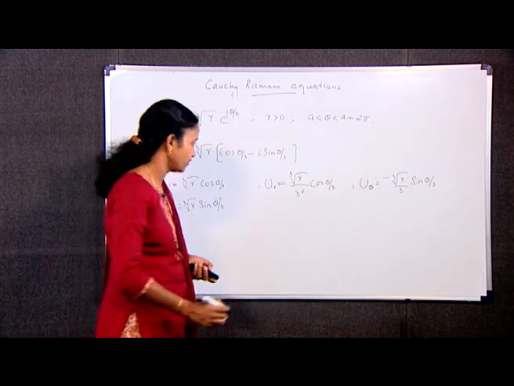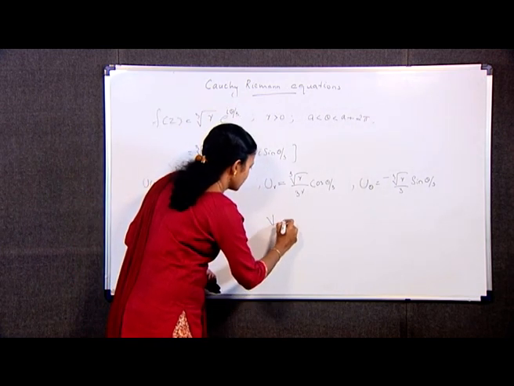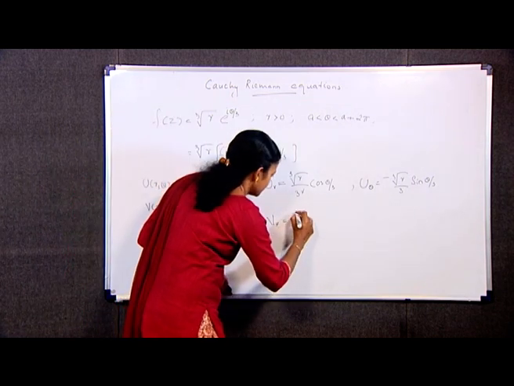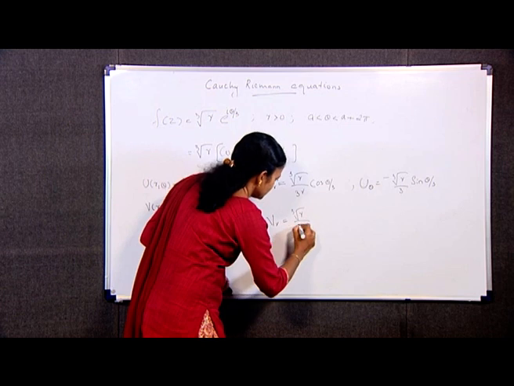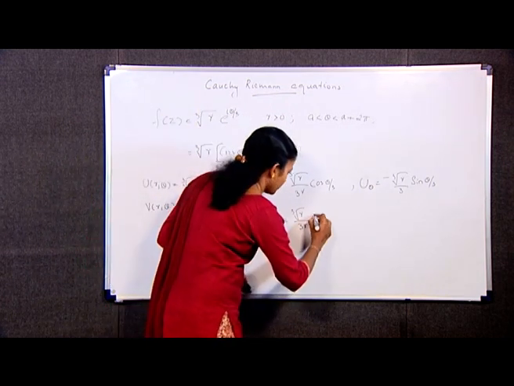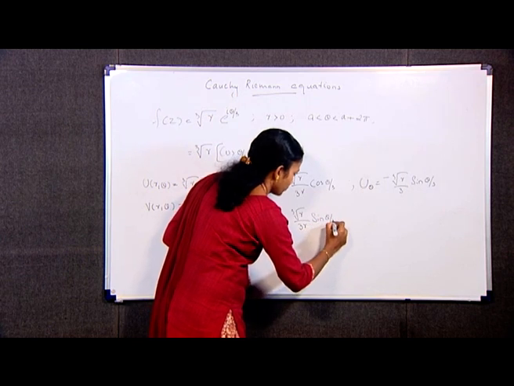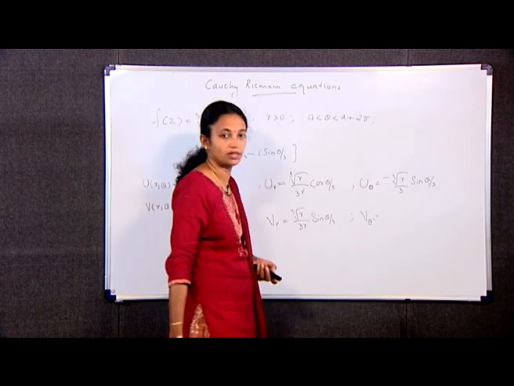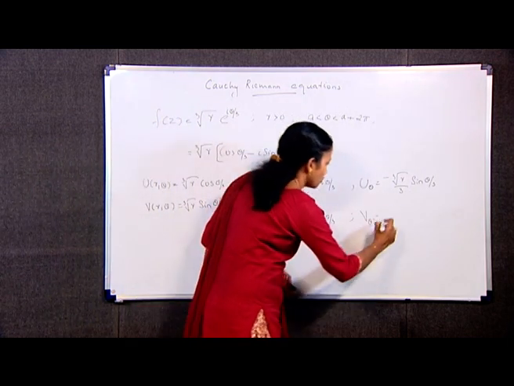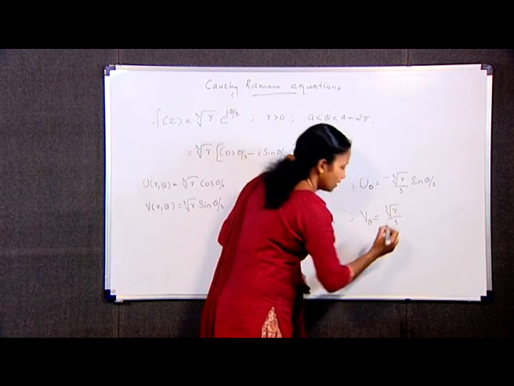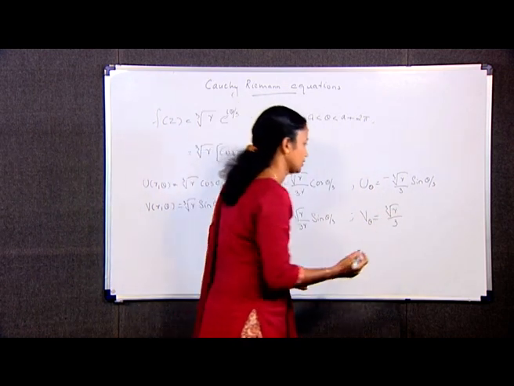And again we have v_r is equal to cube root of r by 3r into sin theta by 3, and v_theta, that is dou v by dou theta, is equal to cube root of r by 3 into cos theta by 3.